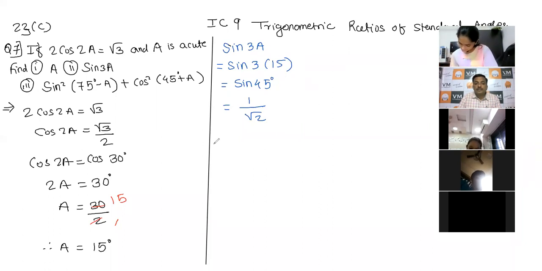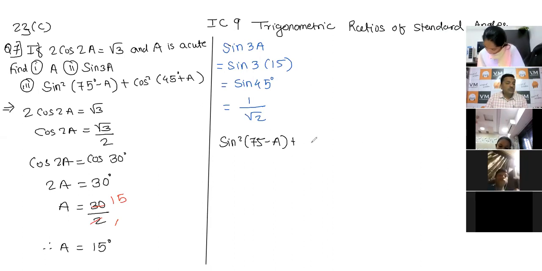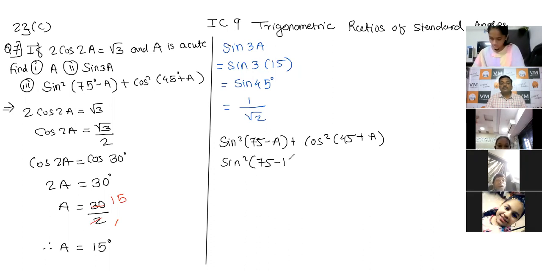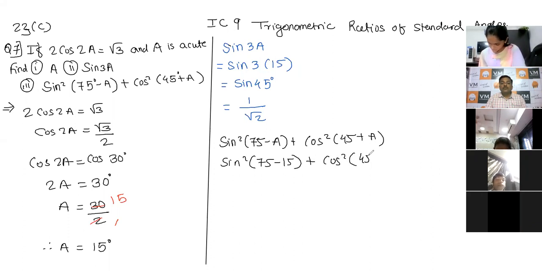Now the third part is sin square (75 minus A) plus cos square (45 plus A). We have the value of A, so just write sin square (75 minus 15) plus cos square (45 plus 15).